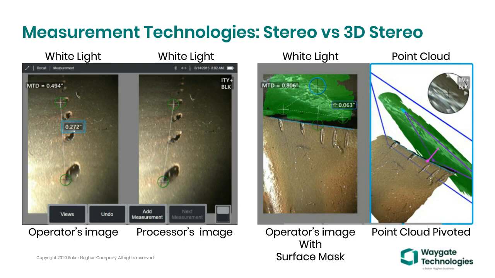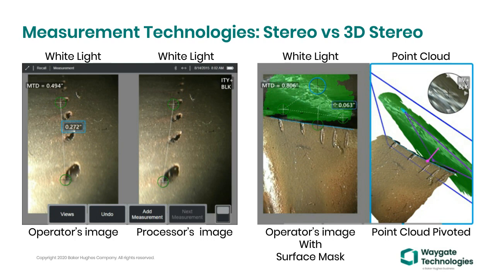But then you can see on the right-hand side in the point cloud, the image is completely pivotable in XYZ for you to determine, have you placed your cursors on the correct areas, and are you getting good results? Meaning, you could be getting very accurate measurements of exactly the wrong thing without a point cloud.